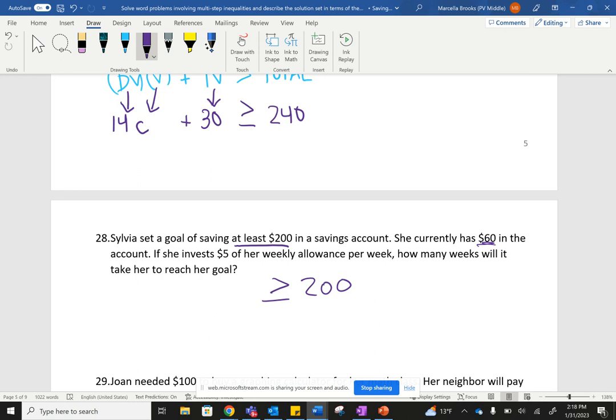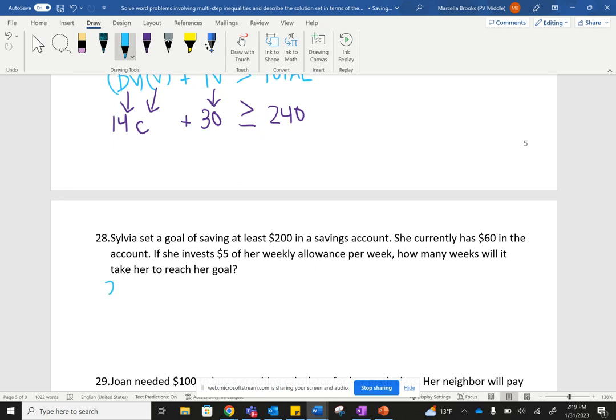So $60 is our one-time, our independent variable. Oh man, I forgot to put all this stuff. Shucks. Let's try that again.